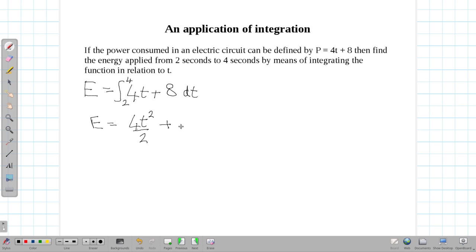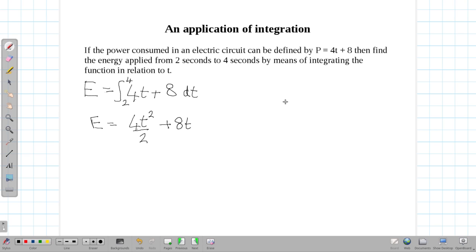Now 8. If you've said straight out, right, 8 is a constant, it disappears, well, I'll have to applaud you for trying, but it's wrong, because that's differentiation. We're going backwards, remember. So really you've got to think in terms of what would give you 8 when you differentiated it, and the answer would be 8t.